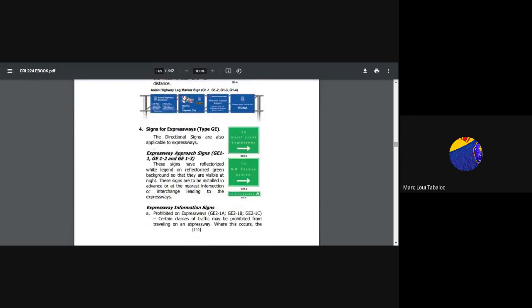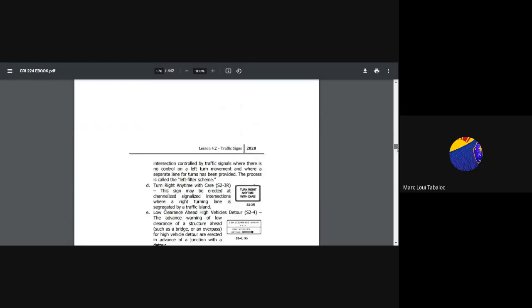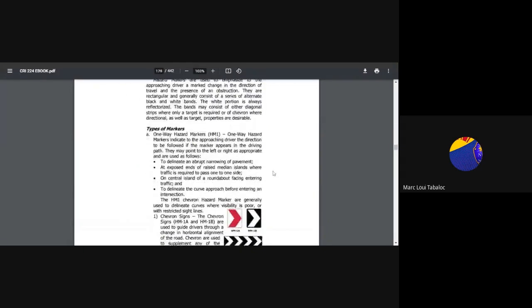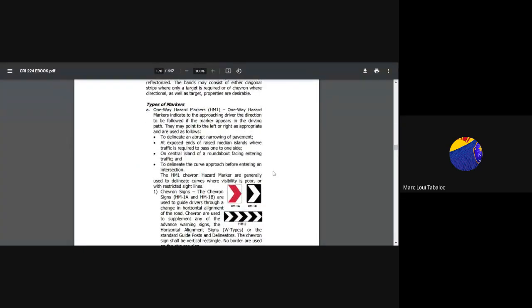And let's go further down before we end. I think I have discussed that. These traffic markers, you can see them especially on corners or tight corners on highways. Still part of a UN classification which denotes a chevron. The directional arrow, you call that a chevron.